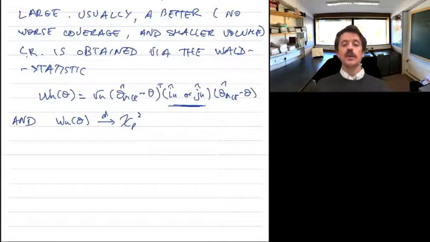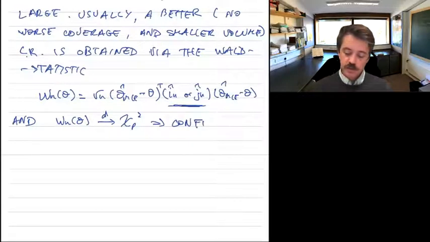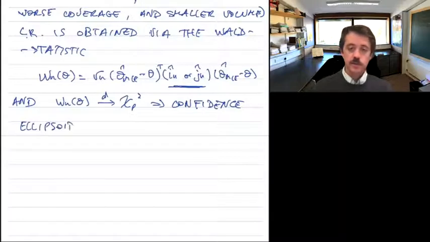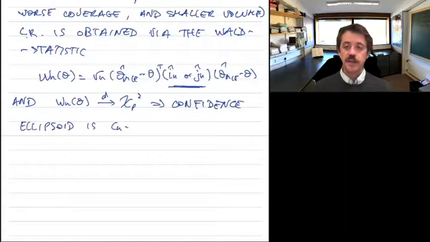Okay, so now, how do we construct the confidence region with this? The confidence ellipsoid is Cn.